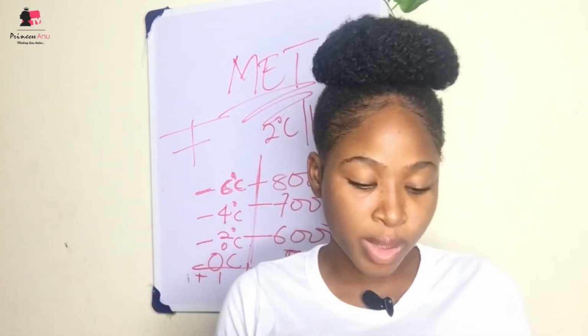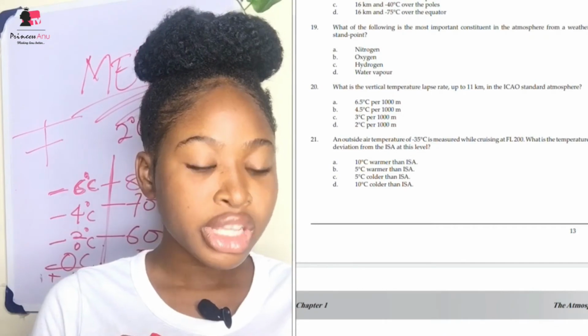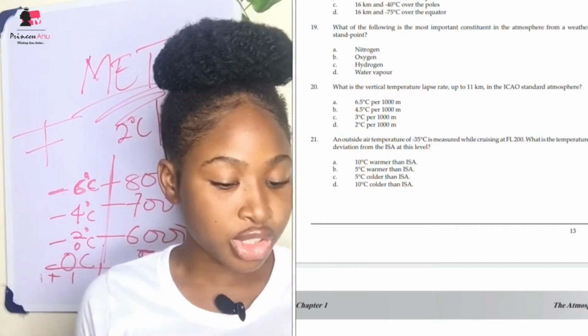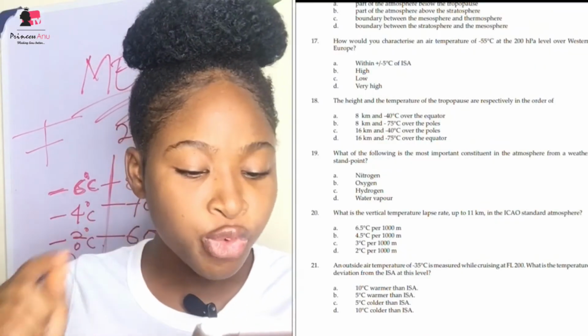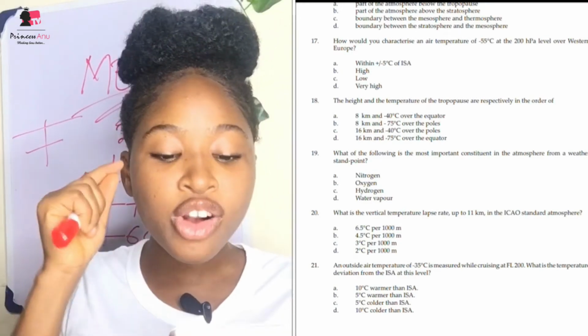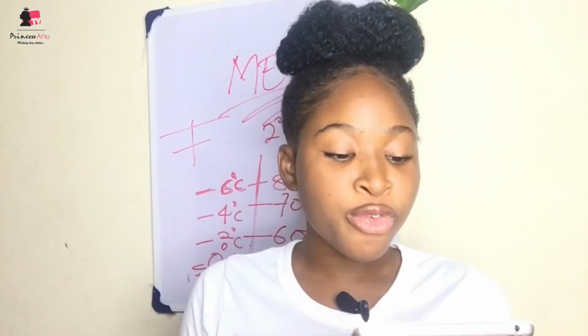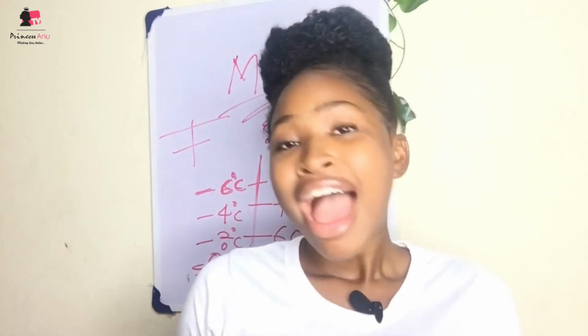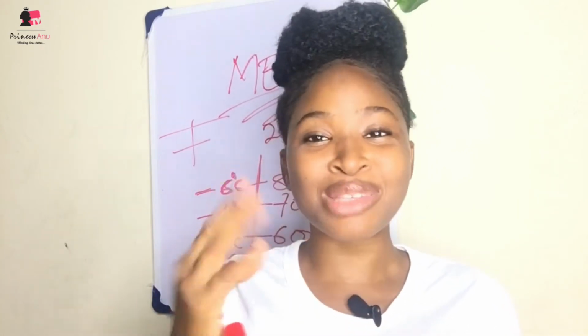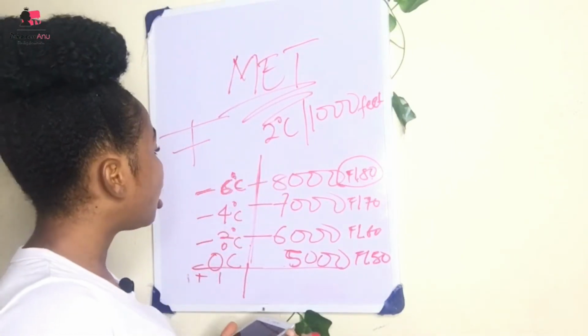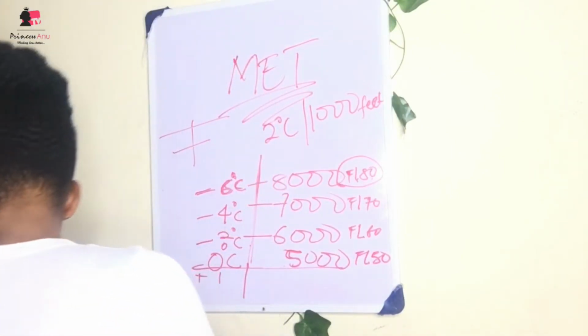Our next question is question 19. Okay, this is also not a calculation question. Which of the following is the most important constituent in the atmosphere from a weather standpoint? I'm telling you, this particular question looks a little bit dicey because when you talk about the constituents of the atmosphere, let me quickly clean this.